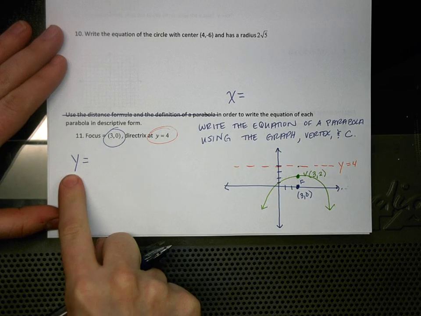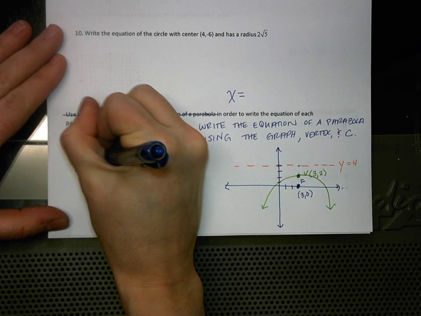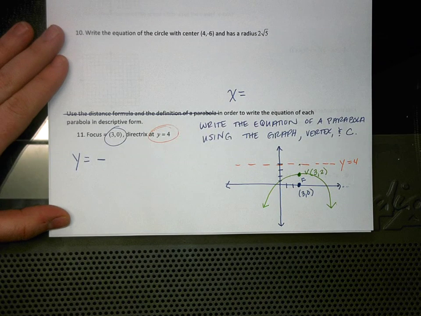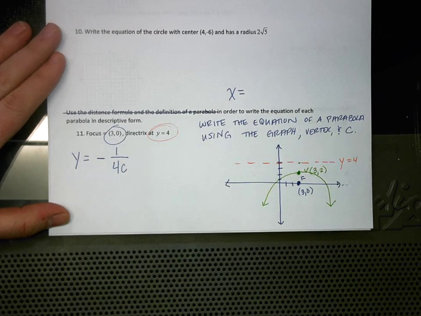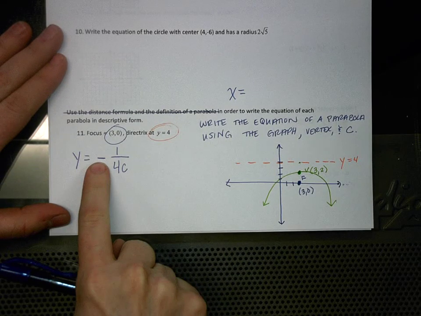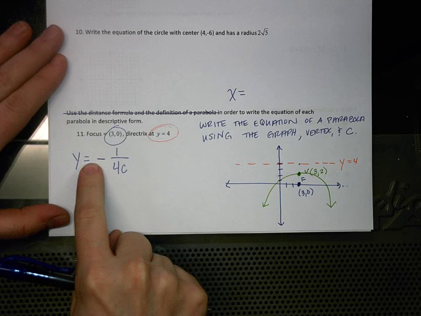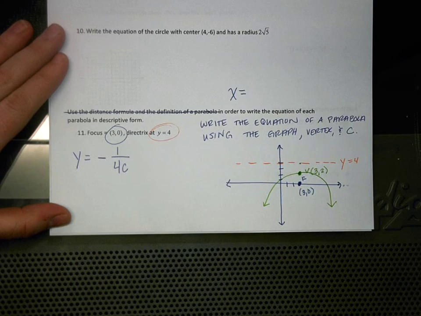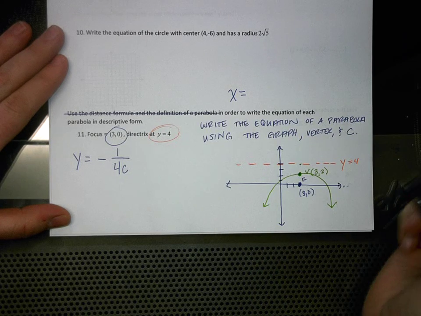So up or down is y. If it's down specifically, then you're going to have a negative a value. Now we can find our a value by doing 1 over 4c, but I put a negative out in front here just to remind myself that my c should be negative, so that I remember that this opens down.